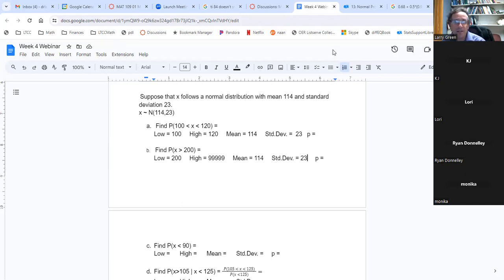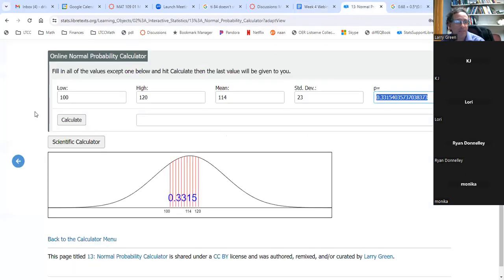P we don't know. So let's plug in 200 and a bunch of 9s. So if I go 200, and I go a bunch of 9s, I need to erase the P equal because I'm going to get a new answer, and hit calculate.